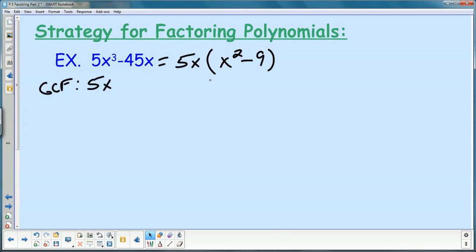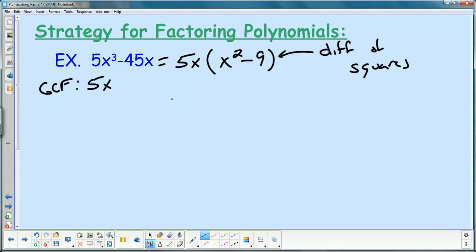Now we look at this and think, okay, we factored it, we're done. The problem is, inside our parentheses here, we have a difference of squares. And since they are both perfect squares, we can factor that again. So this is where we need to make sure that we're looking for that fourth piece we talked about in the strategy for factoring polynomials, where we look for our extra piece to factor.